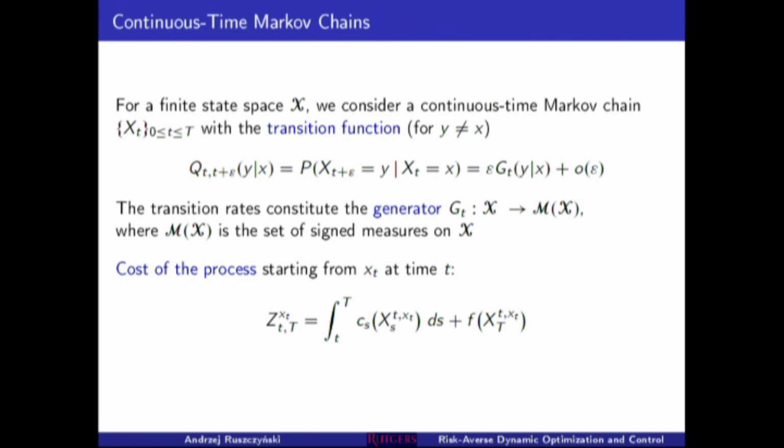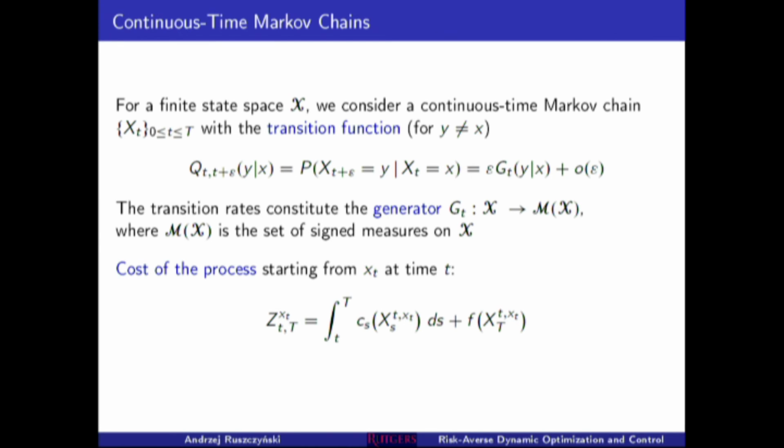Maybe I quickly mention two extensions to continuous time, because it turns out that we can also use similar ideas for continuous time models. So if we consider, for instance, a continuous time Markov chain, in which we have a transition function, which is nothing else but the transition probability in a small time interval. And the transition probability in a small time interval is proportional to this time interval multiplied by something that is called the generator of the process.